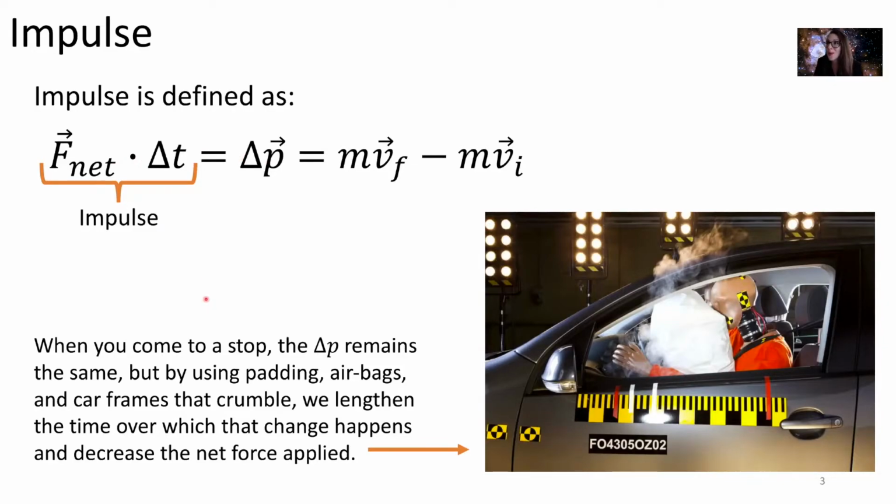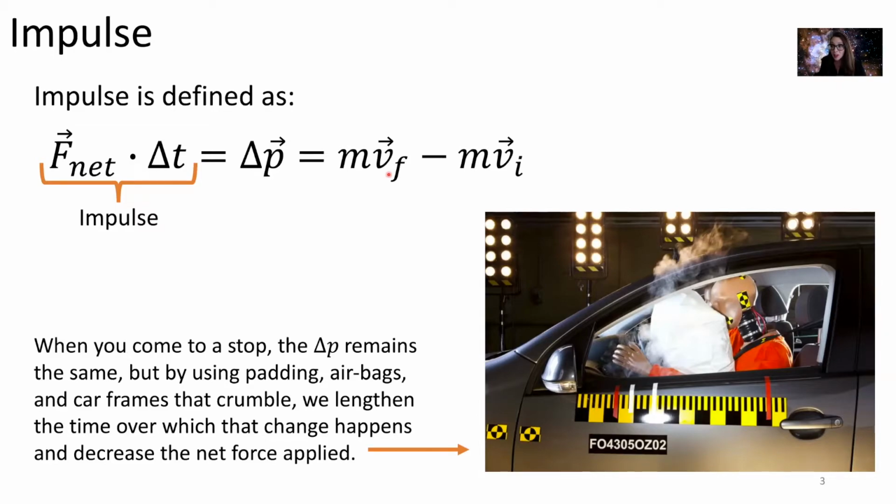So let's think about this in terms of our crash test dummy here. Our change in momentum, we've got our mass times our final velocity minus our initial velocity. Final velocity is going to be 0. Our initial velocity was how fast we were moving before that crash. The change in momentum is going to remain the same whether or not we have an airbag.